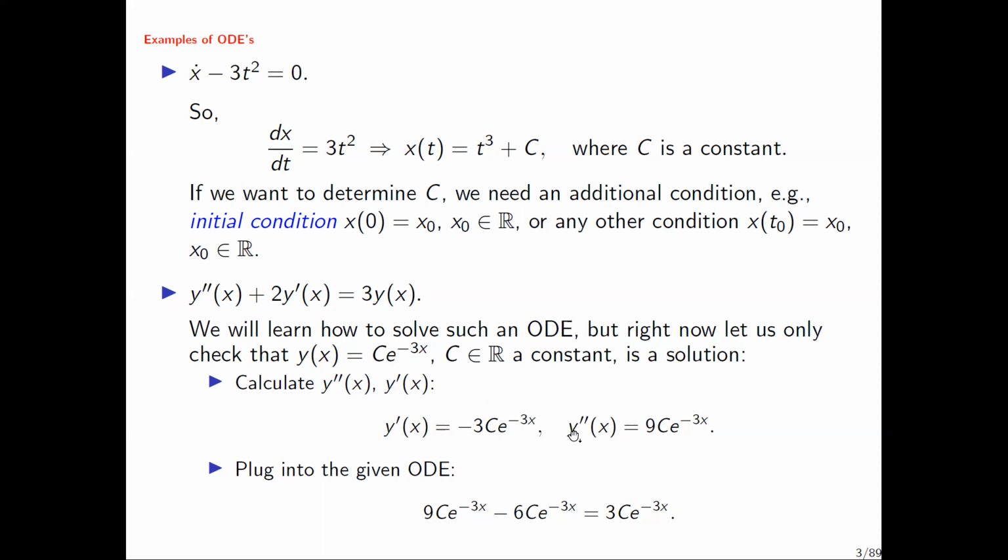So we plug y double prime into the equation, y prime into the equation, and also y into the equation. And we see that the left-hand side and right-hand side coincide. This means that the candidate for y really solves our differential equation.